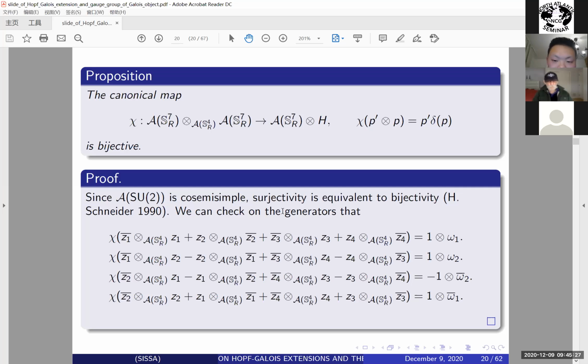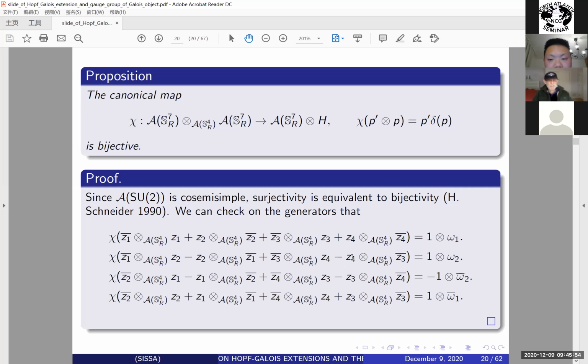Yes. So more questions here? Okay. I think the argument is clear. I mean, bijectivity is tantamount to surjectivity, and because of left A of S7R linearity, all you need to do is to show that 1 tensor every generator of H is in the image, and that's what you just did.